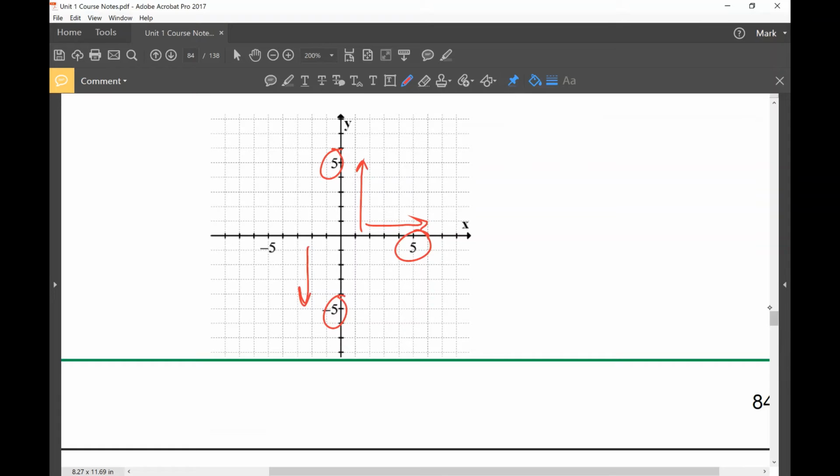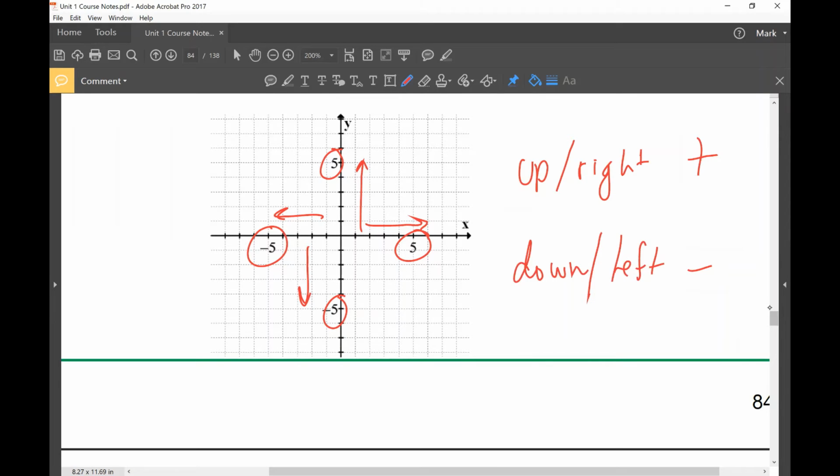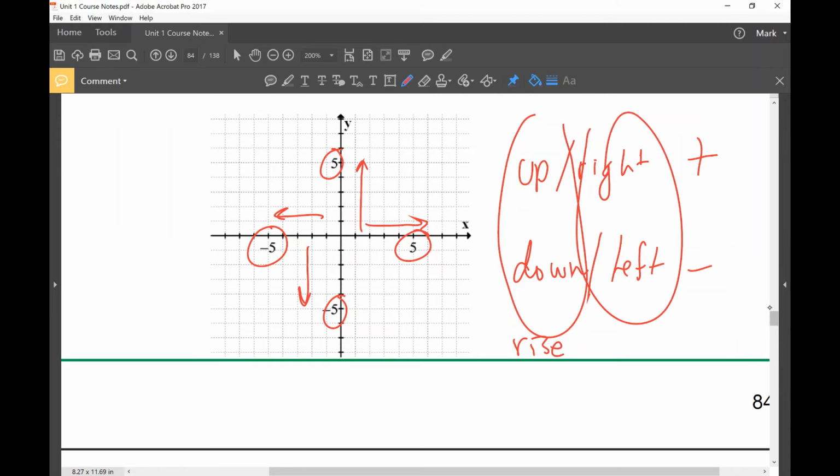Down is negative, left is negative. So up and right are your positive numbers. Down and left are your negative. Up and down is your rise. Right and left is your run. It's easier than it sounds. Once you guys practice this, it's actually pretty straightforward.